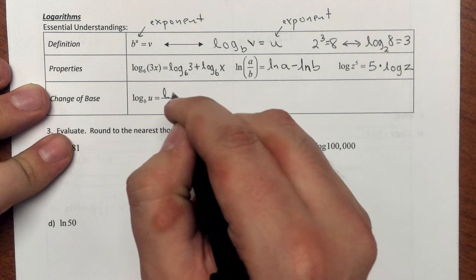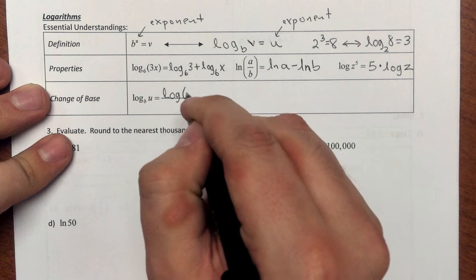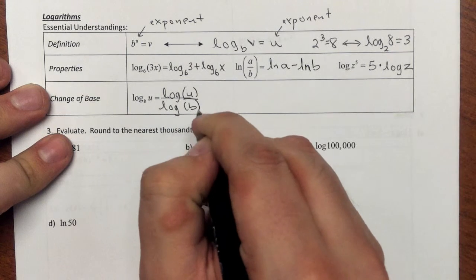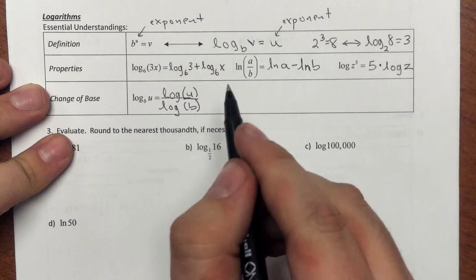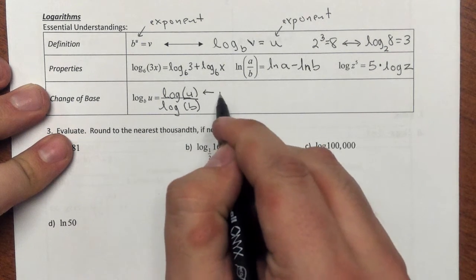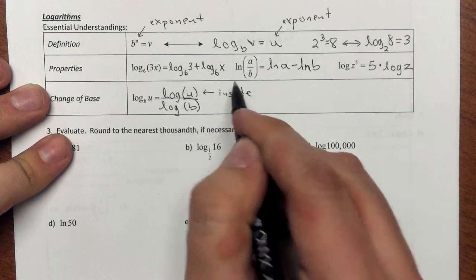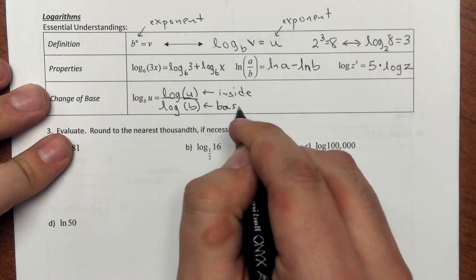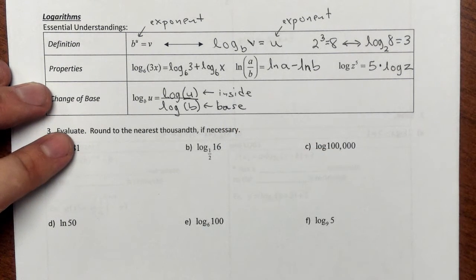The log base b of u is the log of u divided by the log of b. You can always think of this in plain terms: this is the log of whatever is inside the logarithm divided by the log of the base of the logarithm you started with.